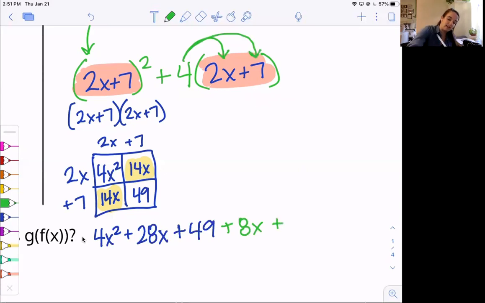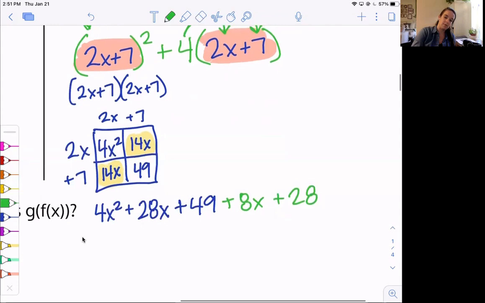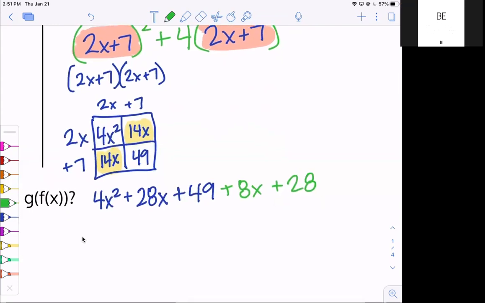Yes, 28. All right, is this the answer to my whole problem? No, not yet. Why not? Because there are still like terms, which are 28x and 8x. Mm-hmm. Do we have any other like terms?